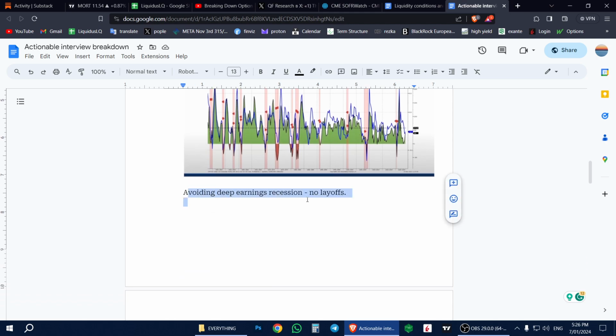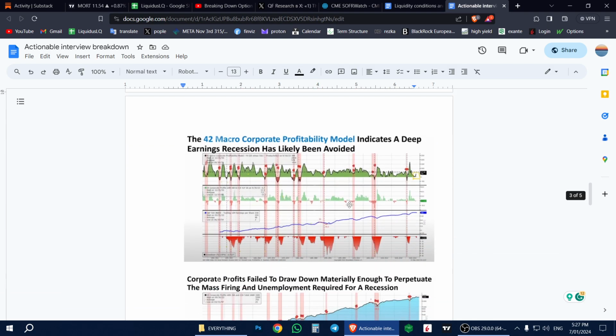Avoiding a deep earnings recession, meaning no layoffs, and we've seen with the recent employment report that, however accurate the data is, there is no significant short-term risk for a meaningful unemployment spike. So it is also fine and supports our model outcome.